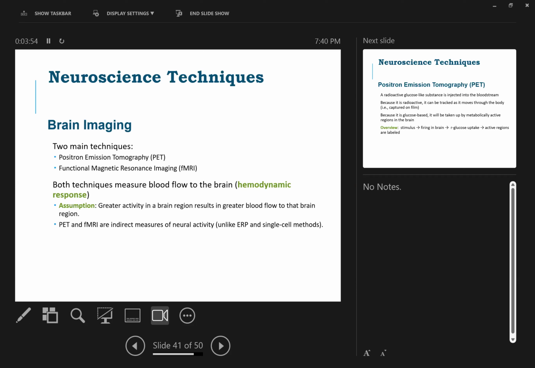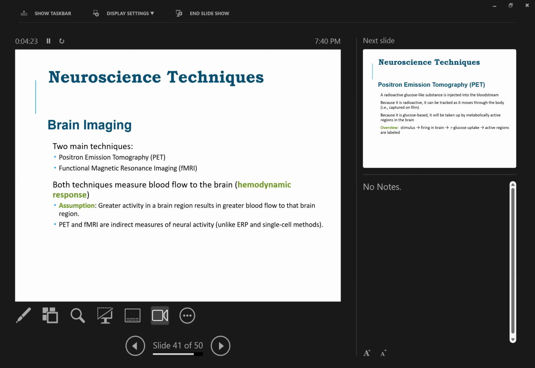And I said the assumption in all of this is that greater activity in a brain region results in greater blood flow to that region. But you could imagine already that because it's an indirect thing, it's not really very spatially precise, like you cannot get to a single cell level, which is actually measuring activity. But another thing that we'll talk about later, it's a little slower too.